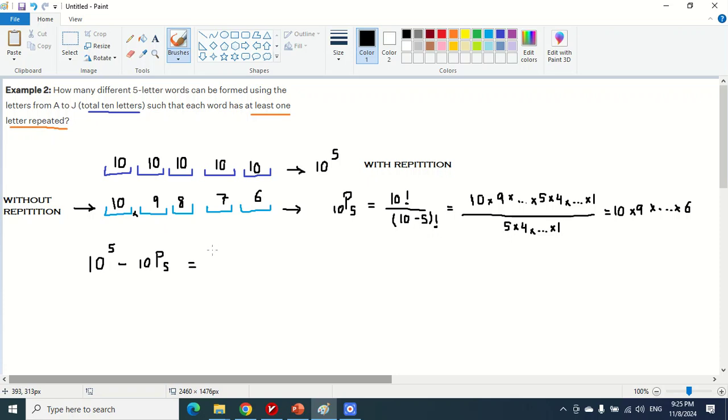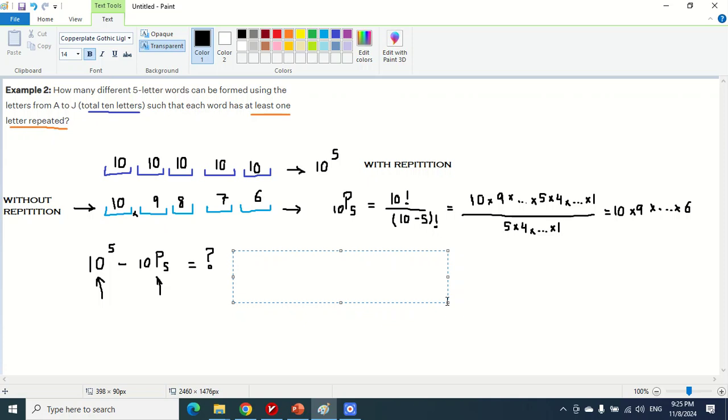For sure this is all cases with repetition and without repetition, and if I remove the cases that have no repetition, the result will be the cases that at least have 1 repetition. So this is the answer for that question.